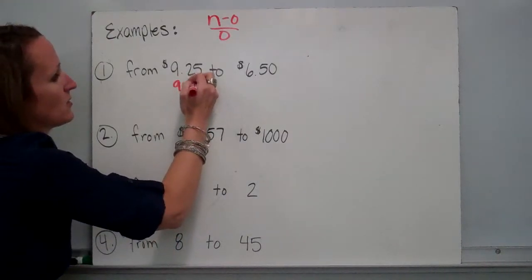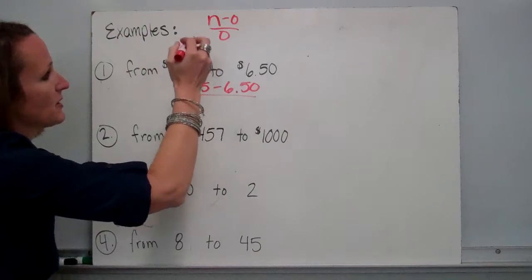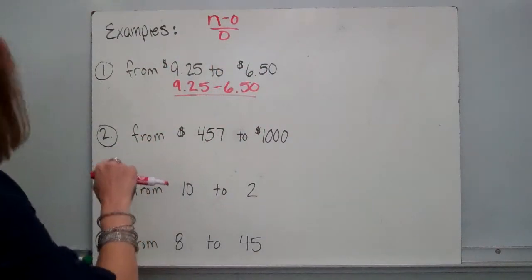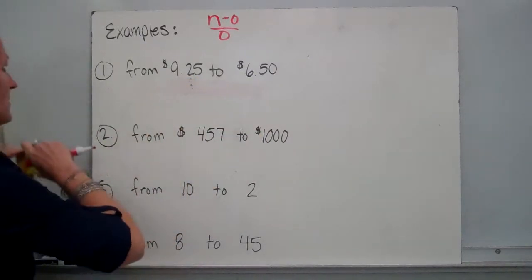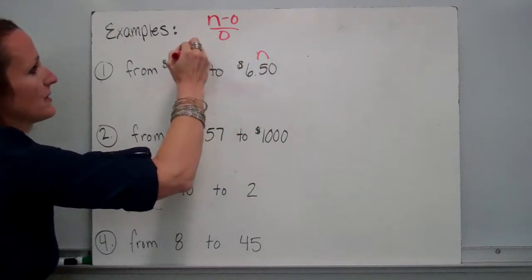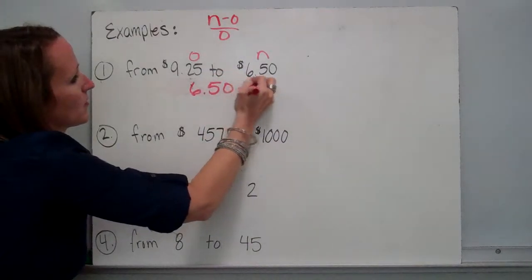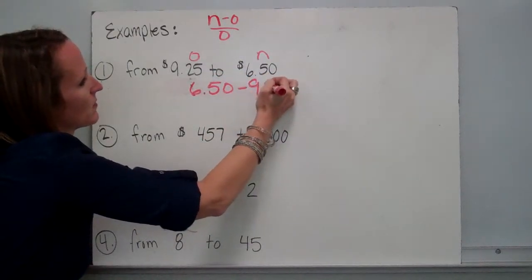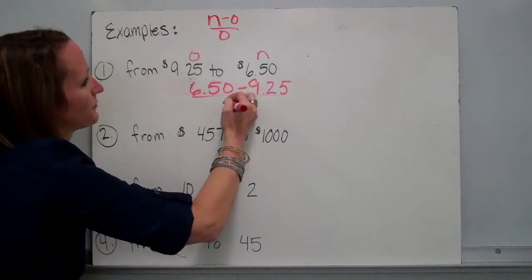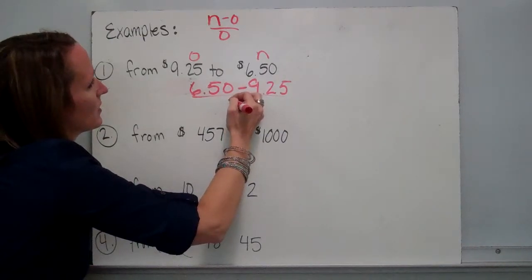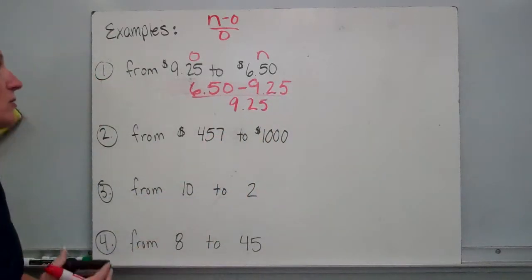So if we're going from $9.25 to $6.50, this would be our new, this would be our old. Whoops, I just wrote it backwards. So it's new minus old over old.